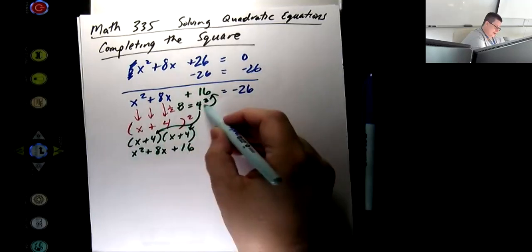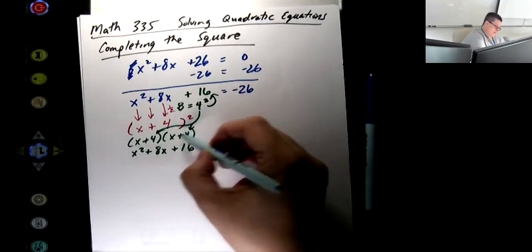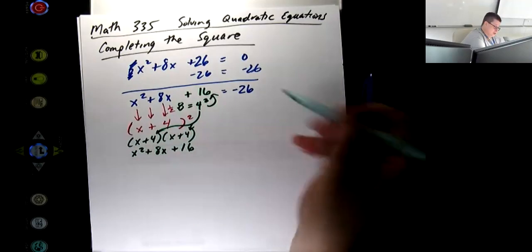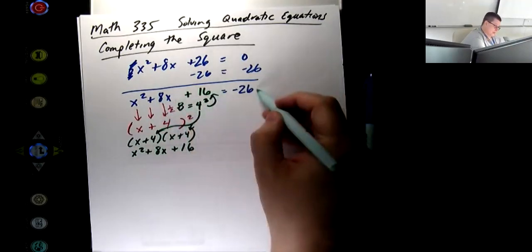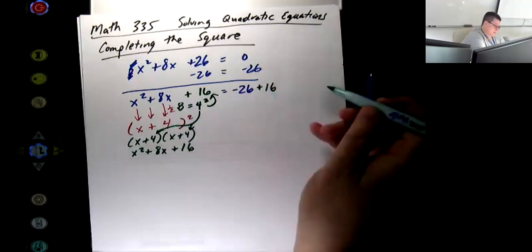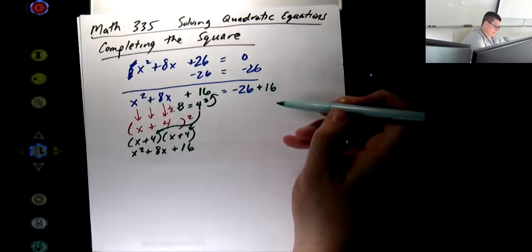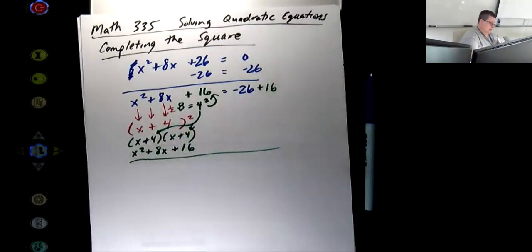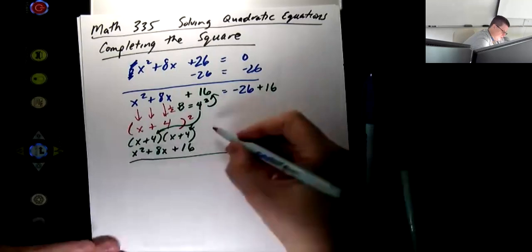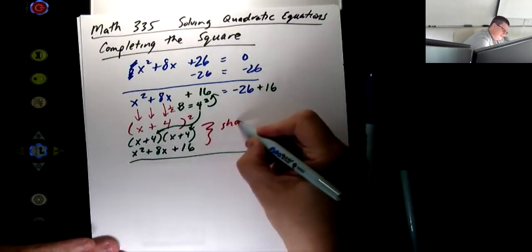And the fact that we're squaring it is because it's getting squared right here. We're going to have 4 times 4. So you just take half of the number in front of x and you square it, and that's what you add to both sides. Add it to both sides. So this was just to show you what's going on.